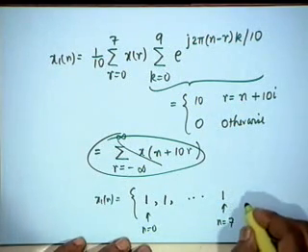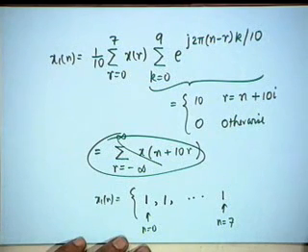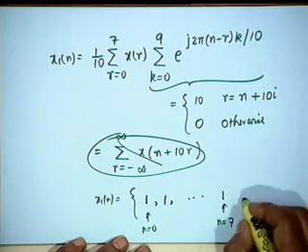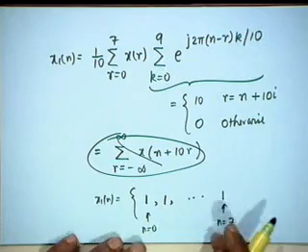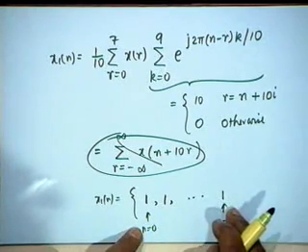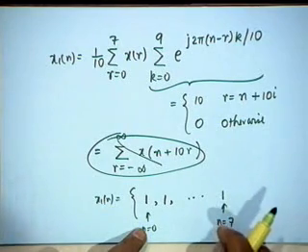Then you have to go to 8 and 9. You see, the original sequence was 8 points, and you have to now compute 10 points.